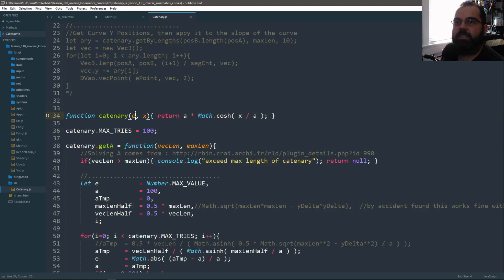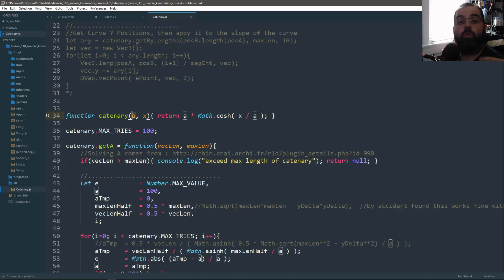The biggest problem is solving A. What a catenary curve is, it's a parabolic curve, but it's not just any kind of parabolic curve. It's the curve you can use to calculate the hanging of a chain.